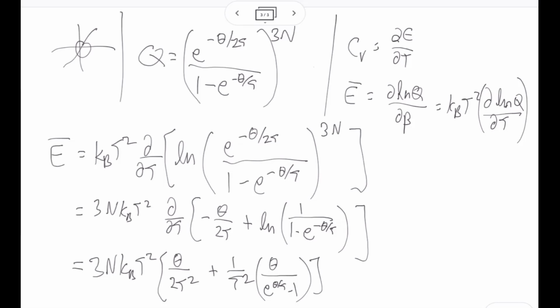Again, if you do partial t of this, you get a really long chain rule step, so I'm just going to skip it for your sake. Now notice here that the t squares cancel out, so these t squares are no longer there, and I'm going to go to another screen. So this becomes 3n kBt times theta over 2 plus theta over e to the theta over t minus 1.